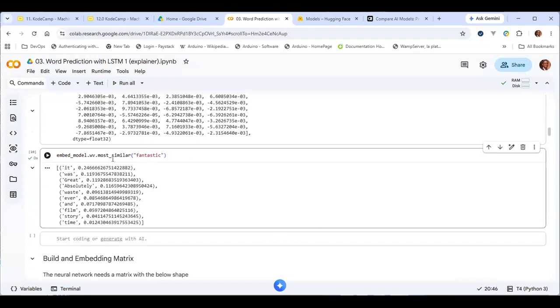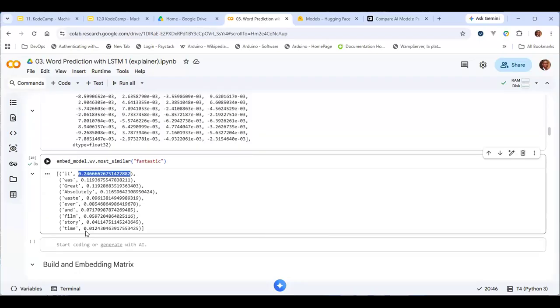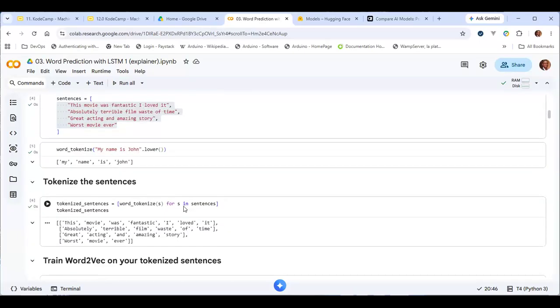So it's calculating which words are most similar to fantastic. And it gives you the words that are similar and the similarity score, right? Of course, if you look at this, you will see that the one that has the highest score is the word it, which doesn't really make sense. The main reason why it is not this good is because the data we have is very small. We just have 5 or 6 sentences, and the vocabulary we have is also very small.